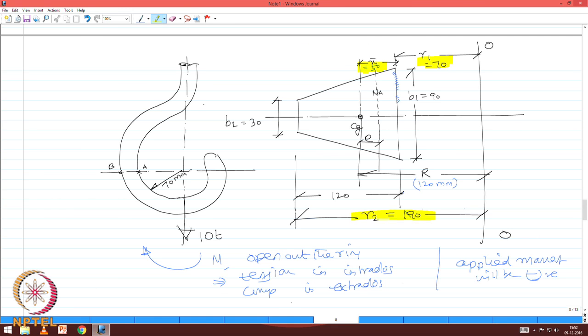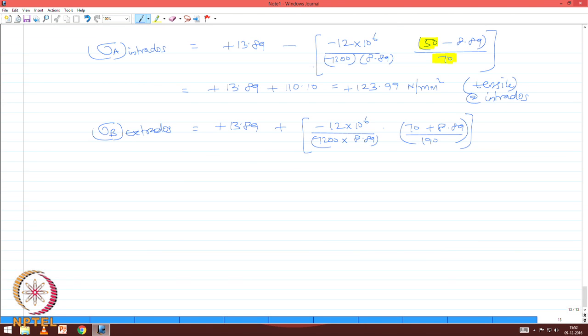R2 is 190 and HO is this distance, that is distance of the extradas fiber from here, this is HO, which is 70 because 120 minus 50. So, substituting we get plus 13.89 minus 77.84, which is minus 63.95 Newton per mm square, which indicates it is compressive at extradas.